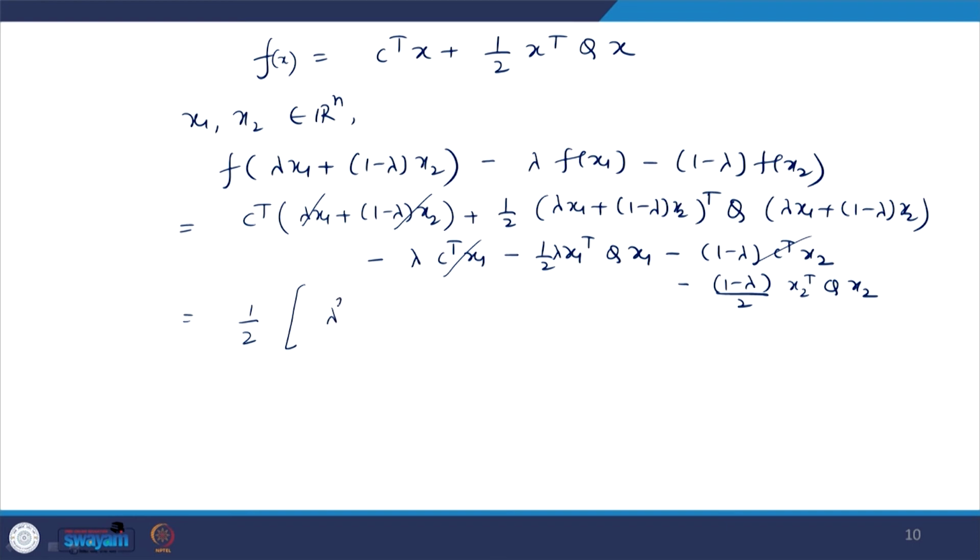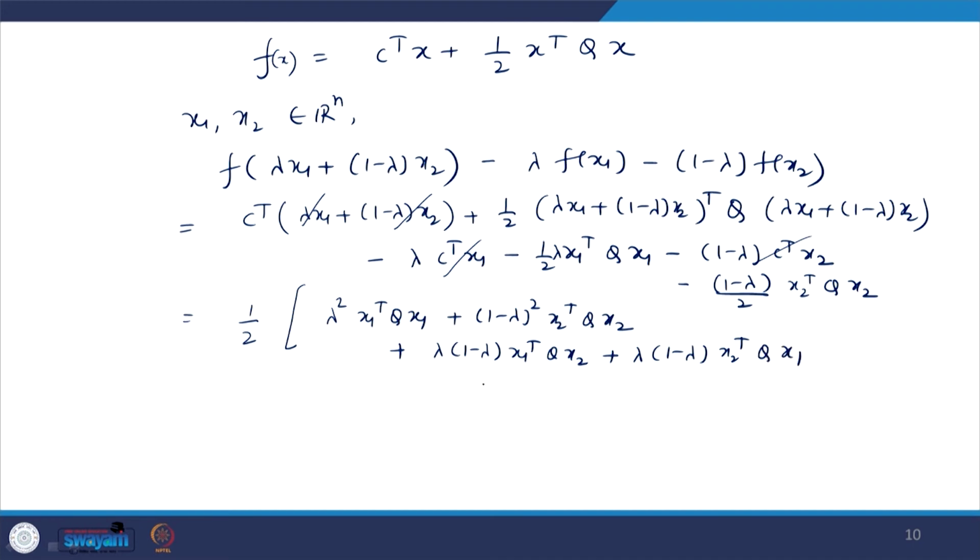It is lambda square x 1 transpose Q x 1, because lambda is a scalar quantity, plus 1 minus lambda square x 2 transpose Q x 2, plus lambda into 1 minus lambda x 1 transpose Q x 2, and plus lambda into 1 minus lambda x 2 transpose Q x 1, minus lambda times x 1 transpose Q x 1, and minus 1 minus lambda times x 2 transpose Q x 2. So, this is the final expression we are left with.